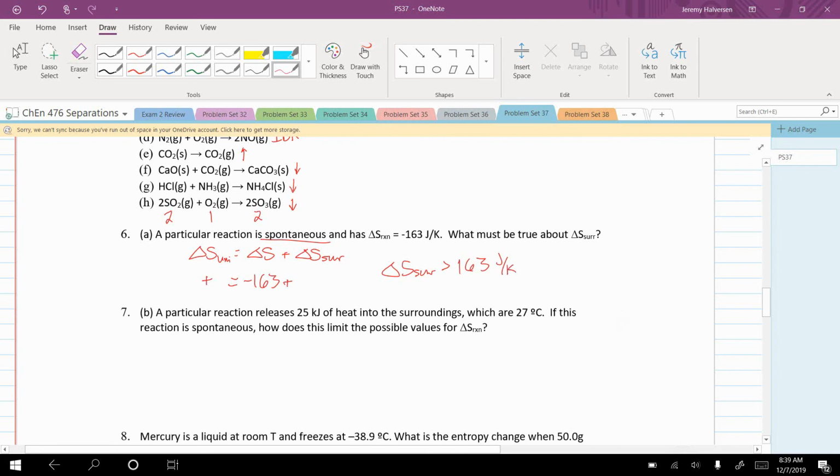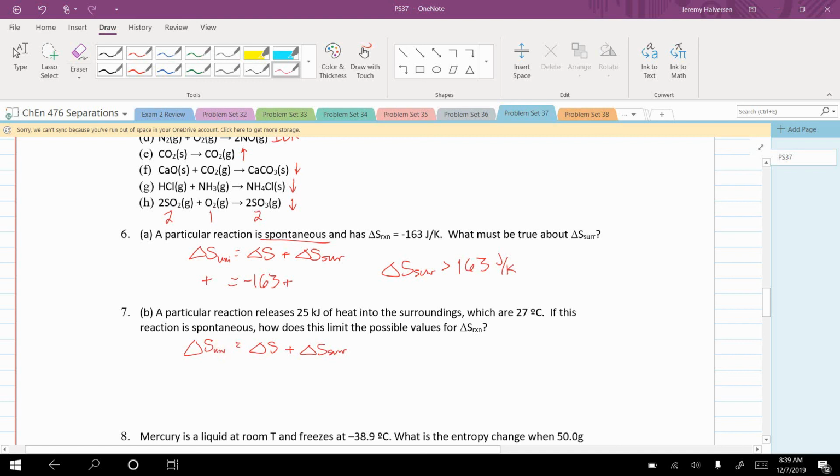All right, similar question here with one more extra step. A particular reaction releases 25 kilojoules of heat into the surroundings, which are 27 degrees Celsius. If this reaction is spontaneous, how does this limit the possible values for delta S of the reaction? So we know the universe equals the system plus the surroundings.